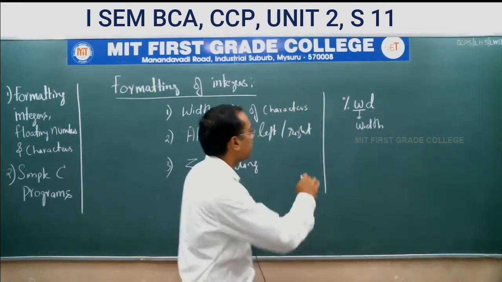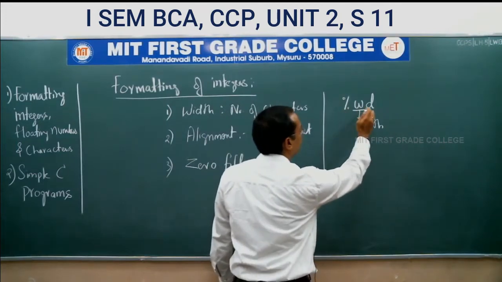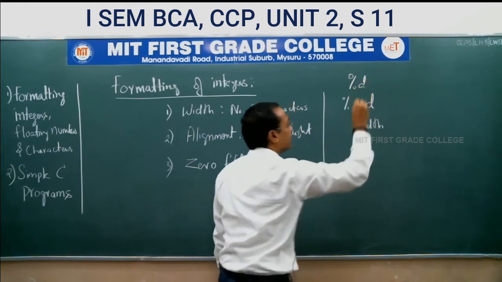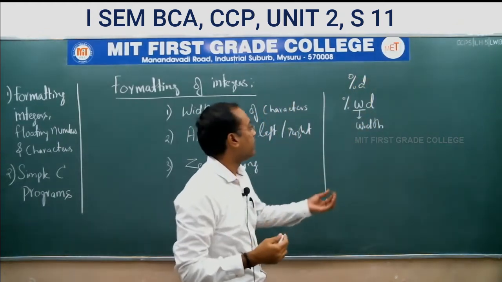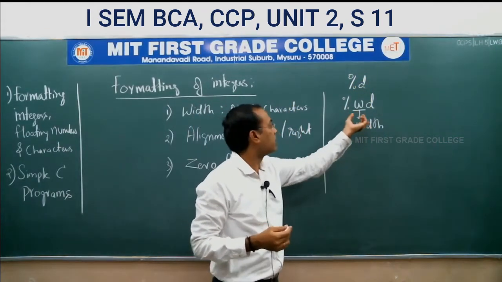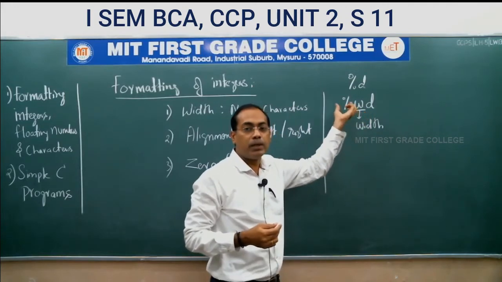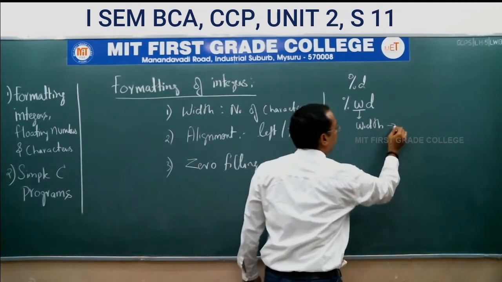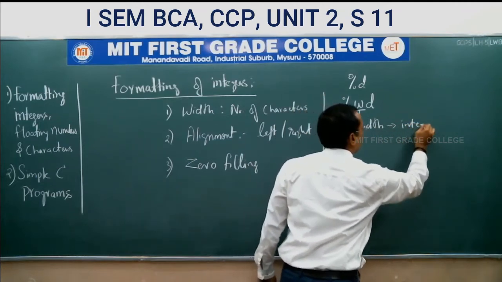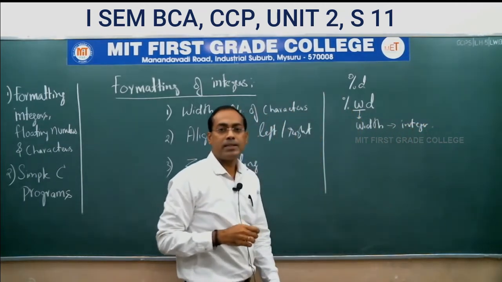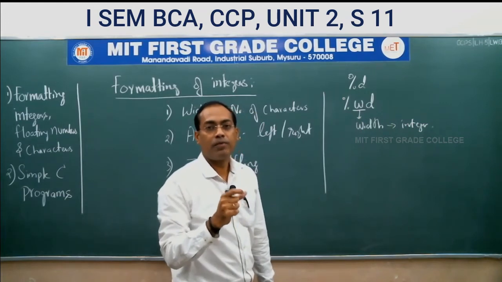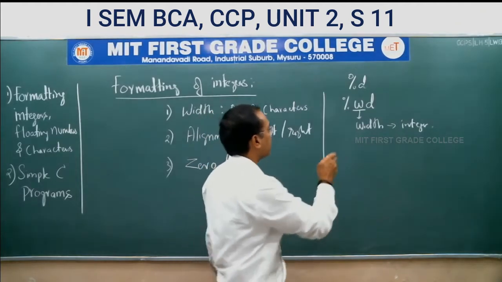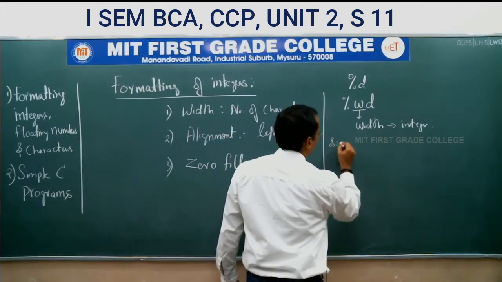See students, %WD: for integers you use %D. For formatting you give an additional instruction represented by the character W. Here you specify an integer which tells how many characters it has to accommodate.